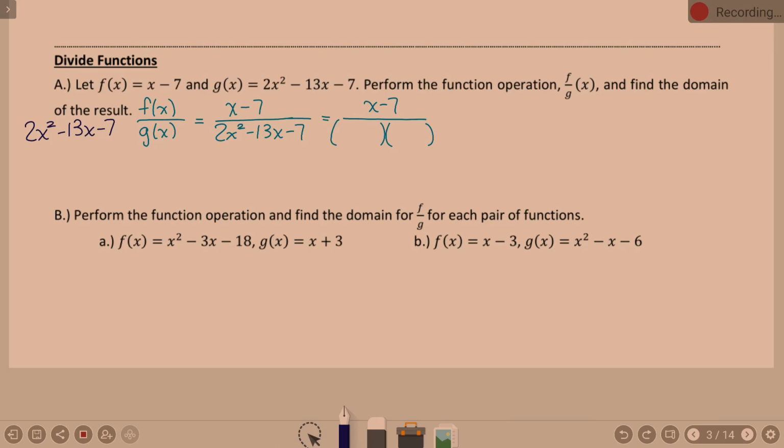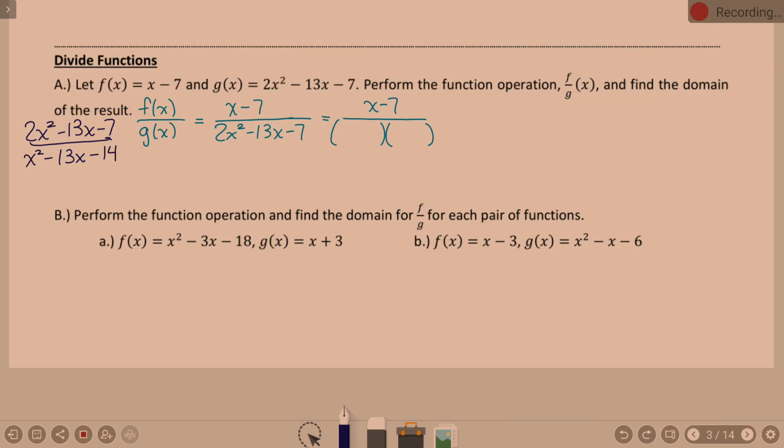I don't have time to teach this right now, but if you can see this, 2x squared, it doesn't break into x times x, but it's going to break into 2x times x. Now, slip and slide with me real quick. Slide the 2 over. So x squared minus 13x minus 14.